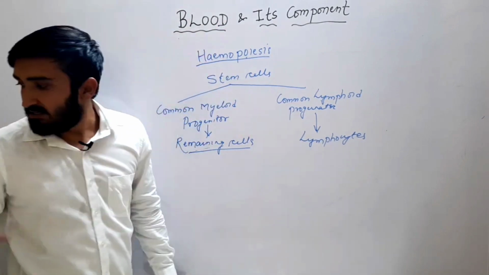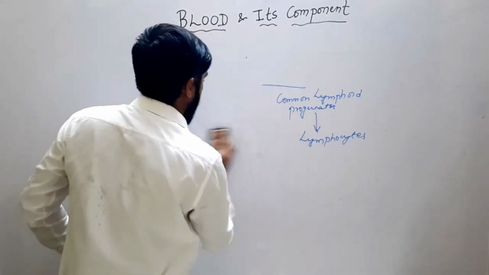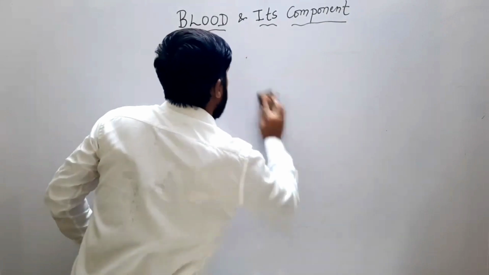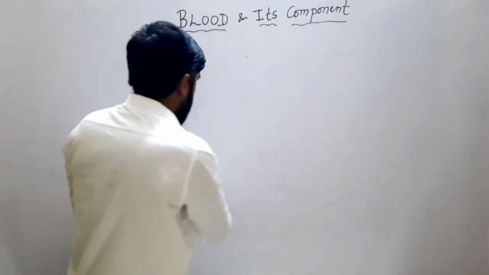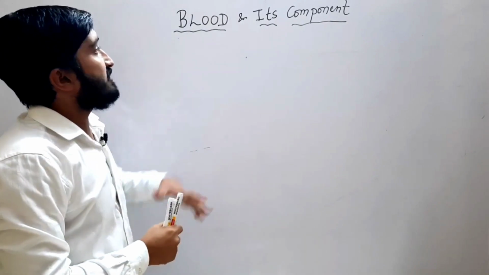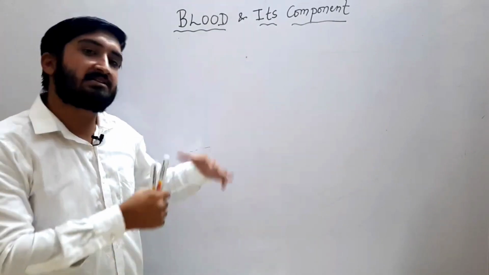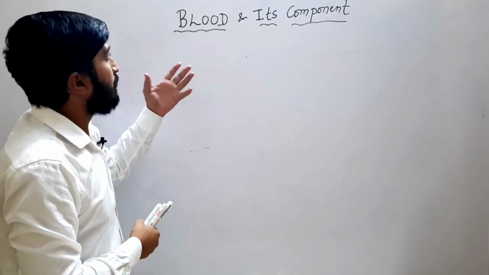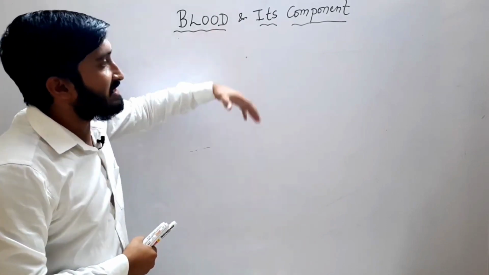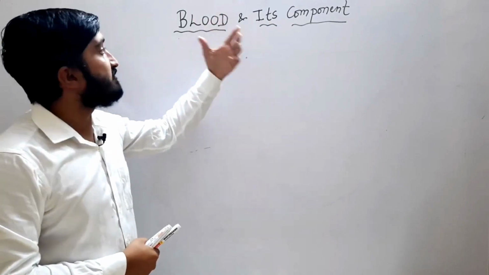Now the next concept I am going to discuss with you. See, sometimes in exams the functions of blood are asked. So we don't need to learn the functions of blood separately, because the functions of these components, what they are performing, will indirectly be the functions of blood.